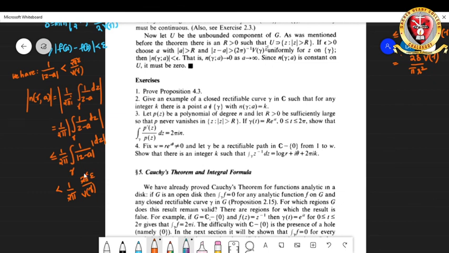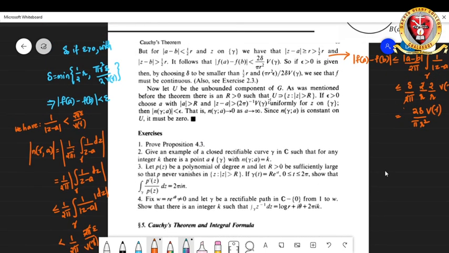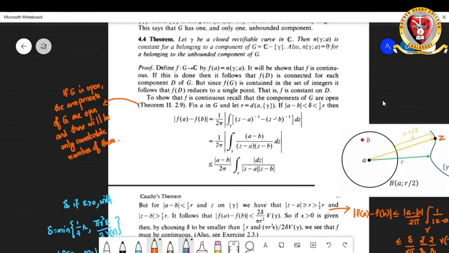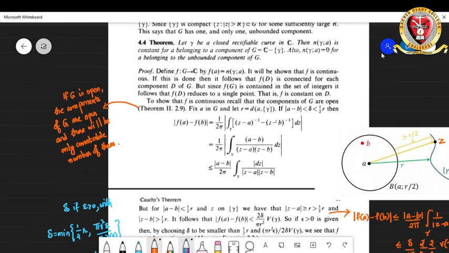V of gamma is a constant and epsilon is strictly greater than 0 and arbitrary. That means modulus of n of gamma a is strictly less than epsilon, so n of gamma a has to tend to 0. And that is where Theorem 4.4 ends.